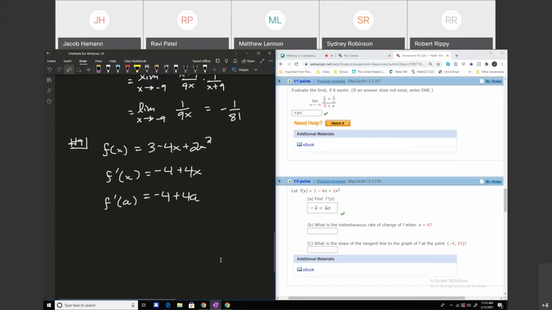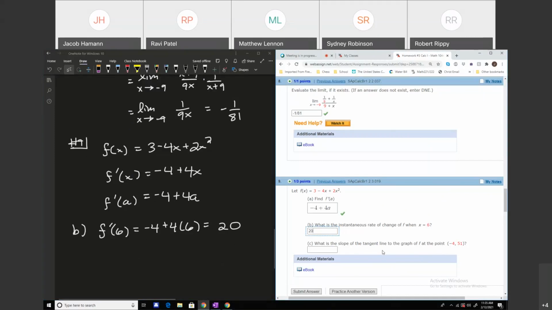What's the instantaneous rate of change? Well, instantaneous rate of change is just code for derivative. So for part B, you're just plugging in 6. So f prime of 6 would be minus 4 plus 4 times 6, which is 24 minus 4. So that comes out to 20. And then what is the slope of the graph tangent to the point negative 4, 51?